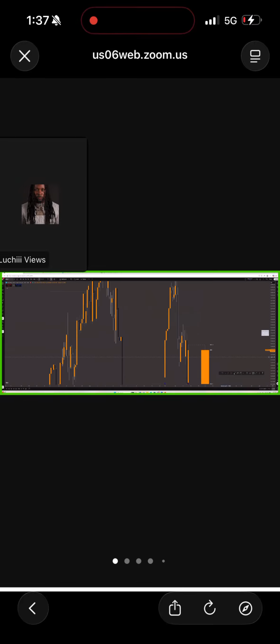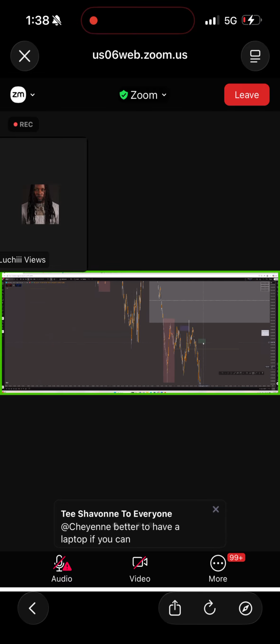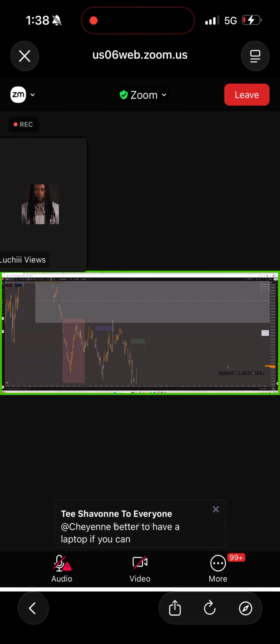Yeah, right here. So we mark out this gap right here, and then we go to the 5 minute time frame. Technically, this liquidity is not sitting inside of the gap right here. It's below the gap.